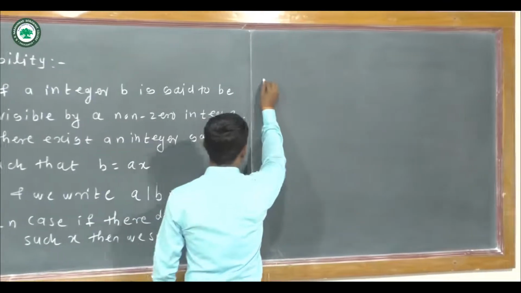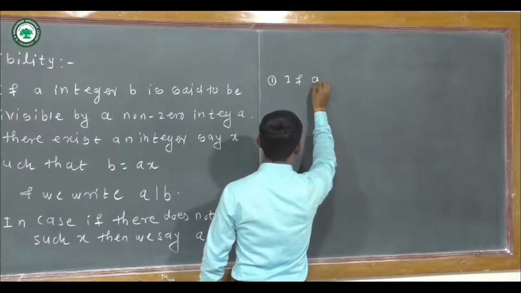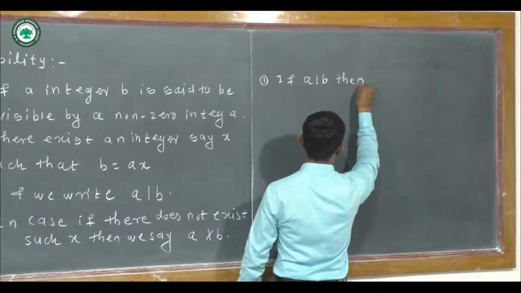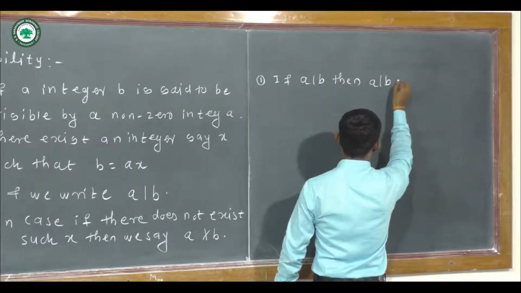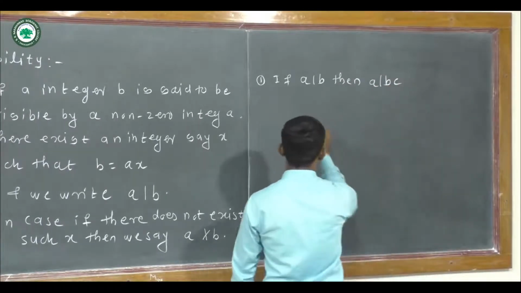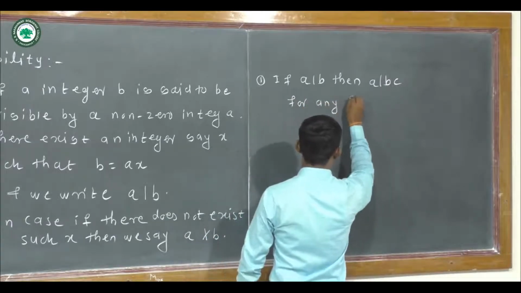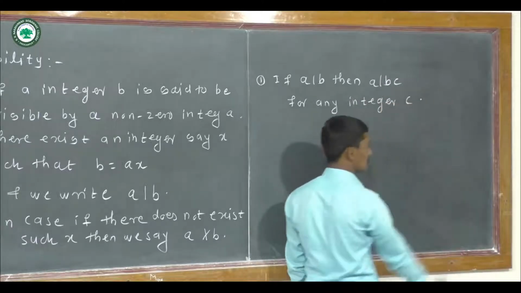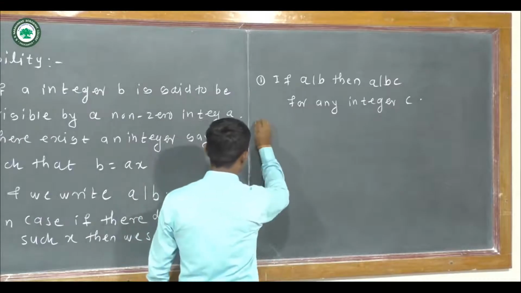Property number first: if a divides b, then a divides bc for any integer c. Now here we will see the proof.